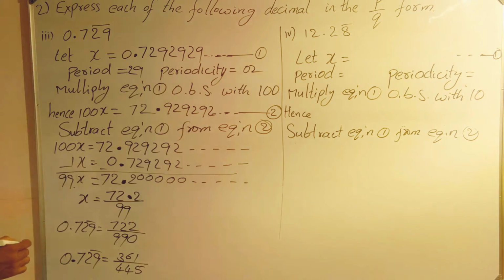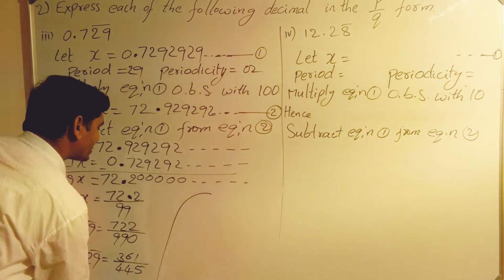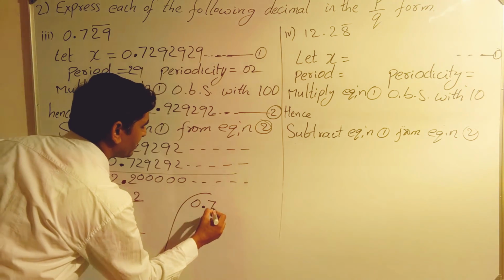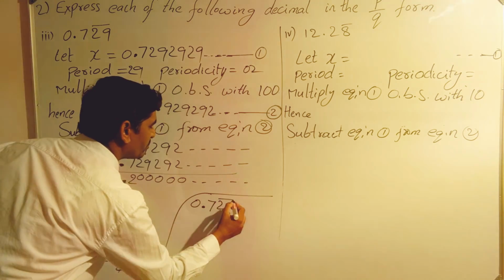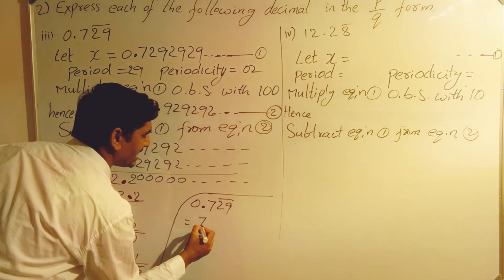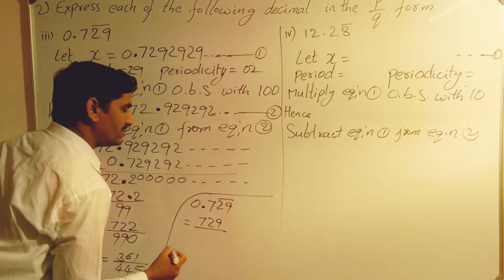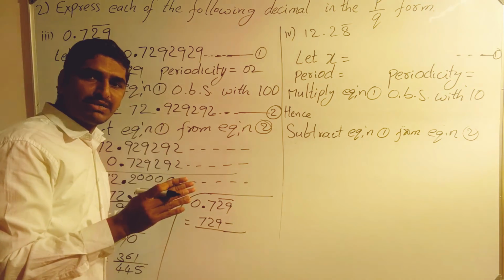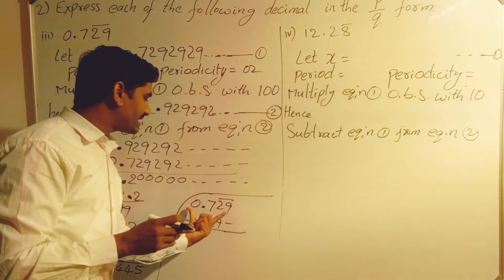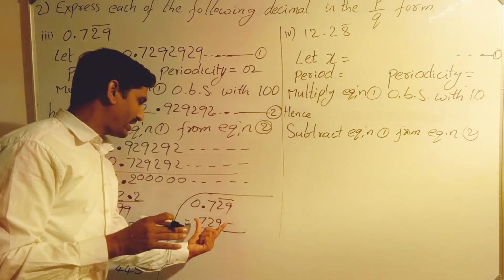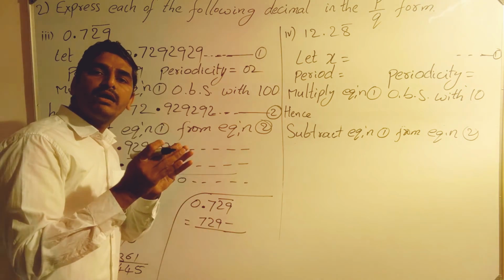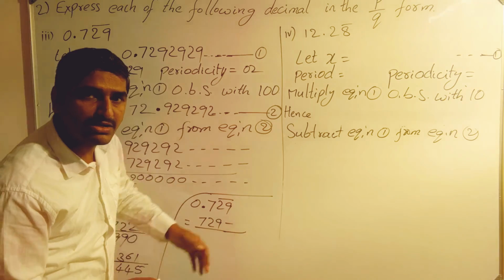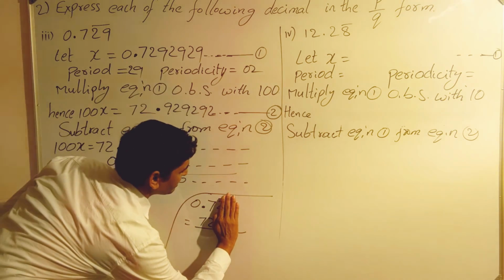A shortcut we can do for 0.729 bar: you can write directly 729 minus the first complete number. Then subtract the number except the bar. 29 has the bar, close it.